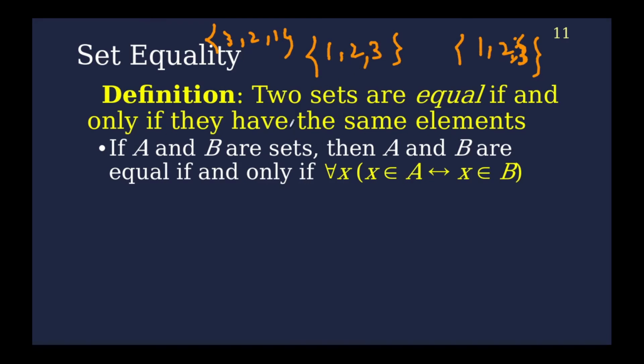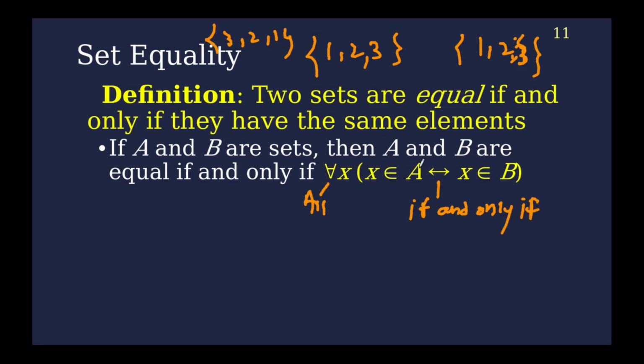Two sets are equal if and only if they have the same elements. If A and B are sets, then A and B are equal if and only if for all x, x belongs to A if and only if x belongs to B. This symbol is read as 'for all', and this symbol is read as 'if and only if'.